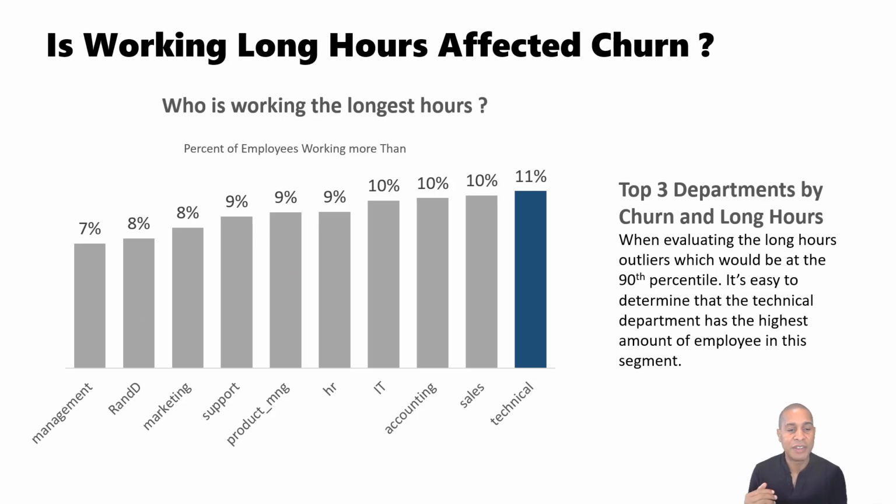We also have identified that out of that technical group, they have the most amount of working hours. So 11% or more of their employees are working at the 90th percentile or more than 267 hours.